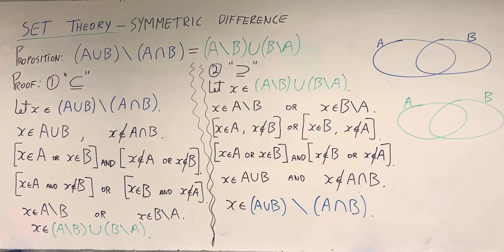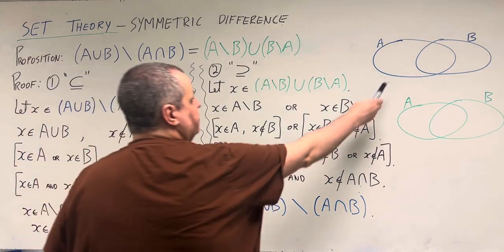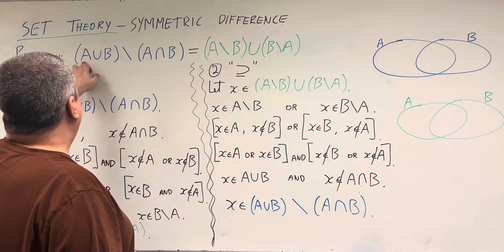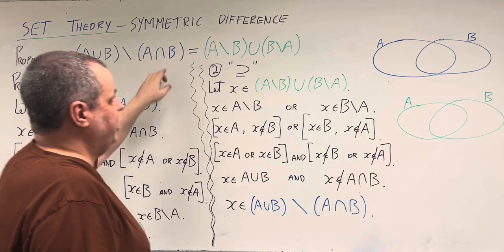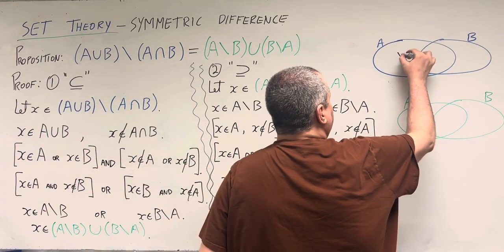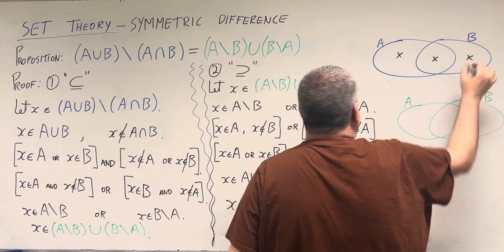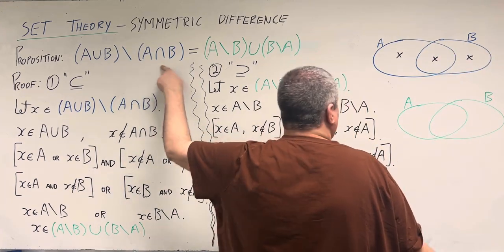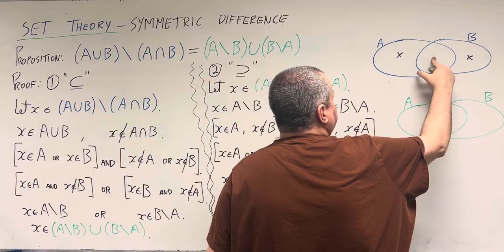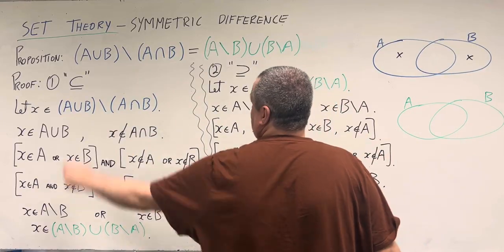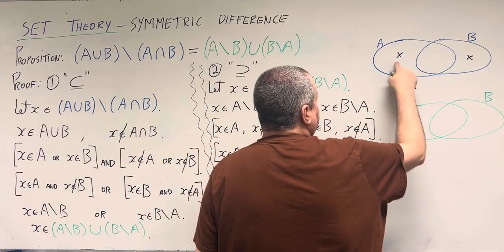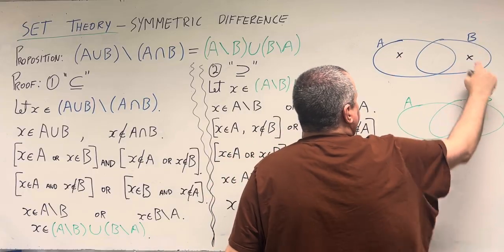Okay? And we're going to look at the Venn diagrams here. In blue, I have the union minus the intersection. So the union, I would be in these regions here, but I have to remove the intersection, so I have to remove this part here. So the expression on the left-hand side means this region here and this region here.